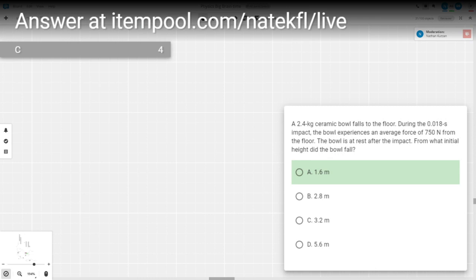That's all I know. But anyway, we need to know how high it was. So the first thing we need to find is the velocity. Remember that force is equal to change in momentum over change in time.